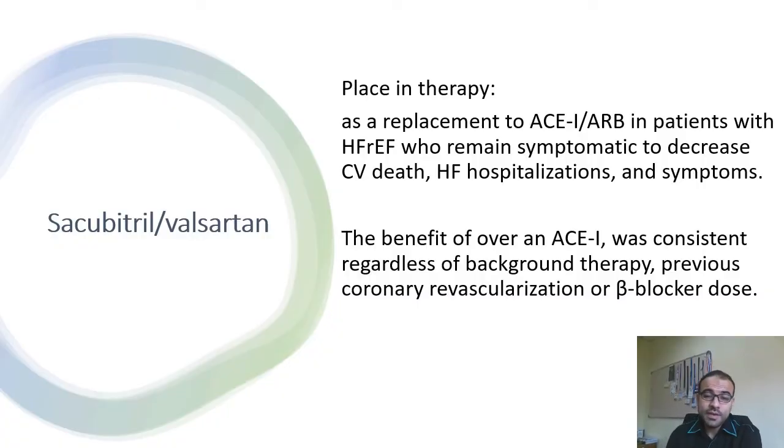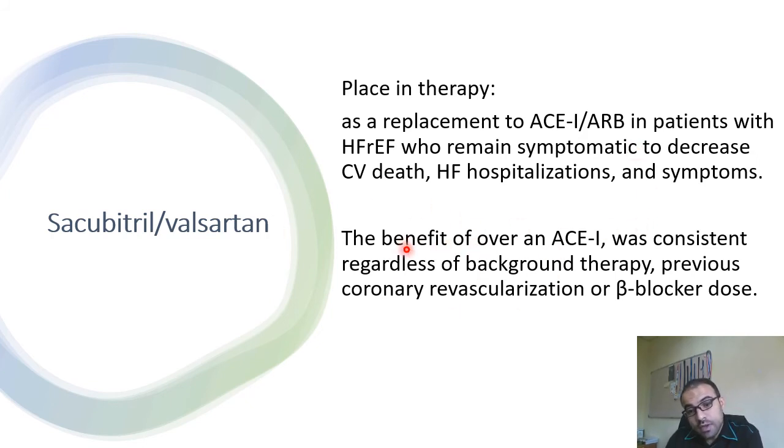So the first of the relatively newer agents is sacubitril valsartan, or the angiotensin receptor neprilysin inhibitor. This agent is quite unique because the recommendation is toward replacing ACE inhibitors and ARBs in patients with heart failure with reduced ejection fraction who remain symptomatic. For this replacement, it shows impact on mortality, hospitalization, and overall heart failure symptoms.